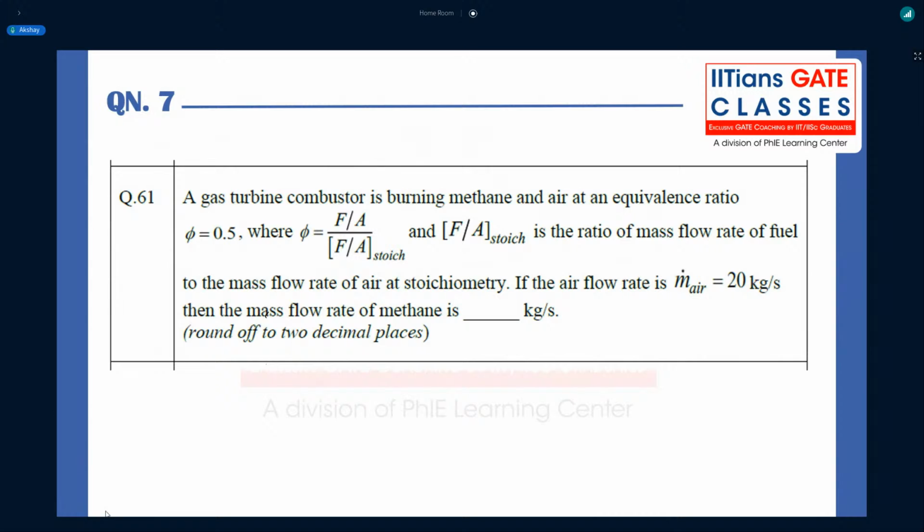They are just defining what F by A stoichiometry means. If the air mass flow rate is 20 kg per second, then the mass flow rate of the methane. This is quite a straightforward question.